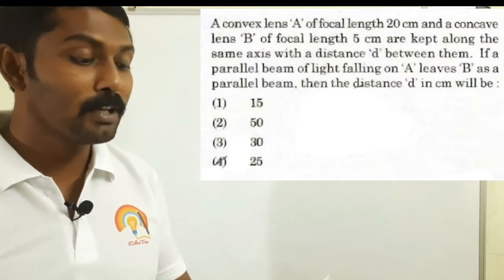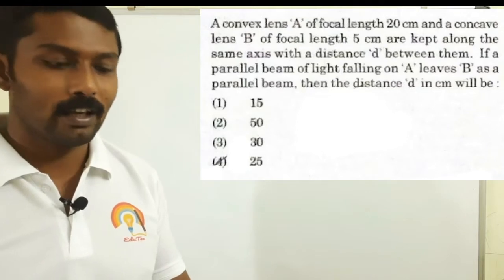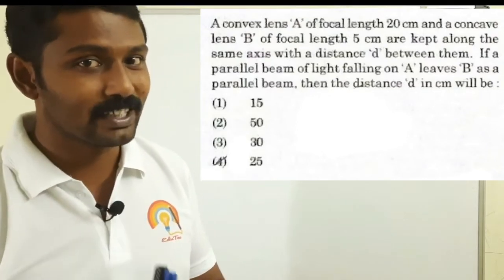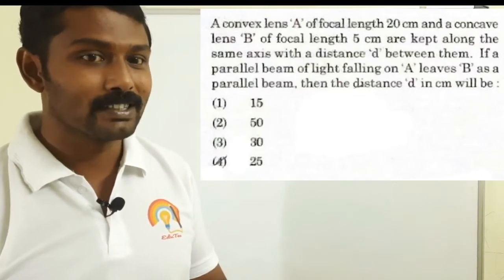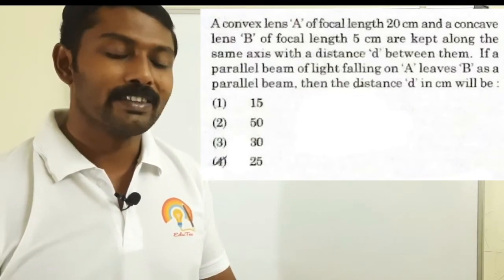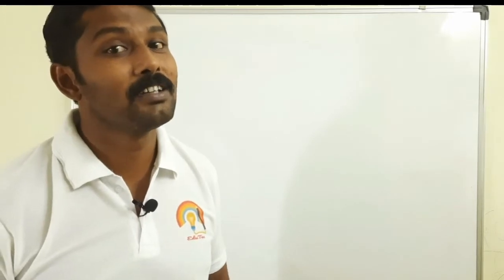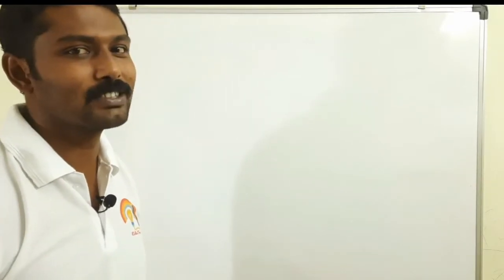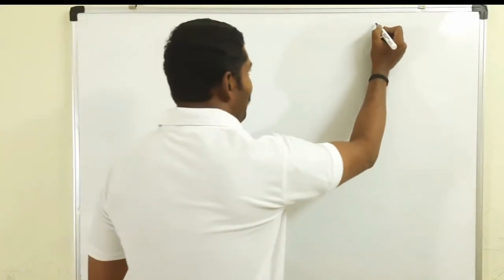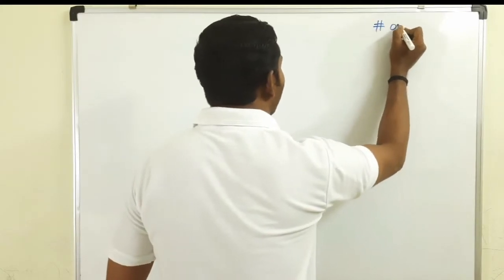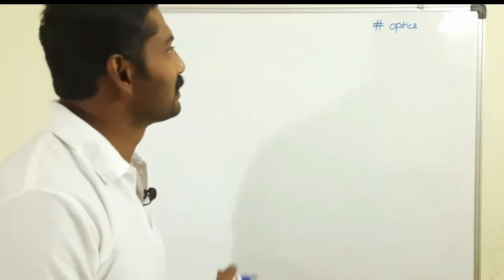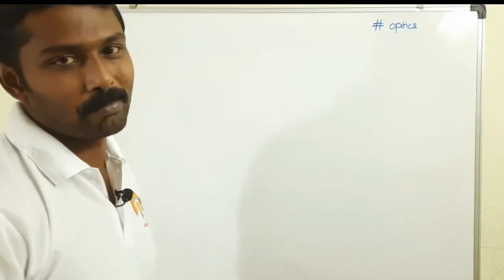If a parallel beam of light falling on A leaves B as a parallel beam, where A is a convex lens and B is a concave lens, then the distance d in centimeters will be... This question was asked from the topic called optics, that is ray optics, Class 12.